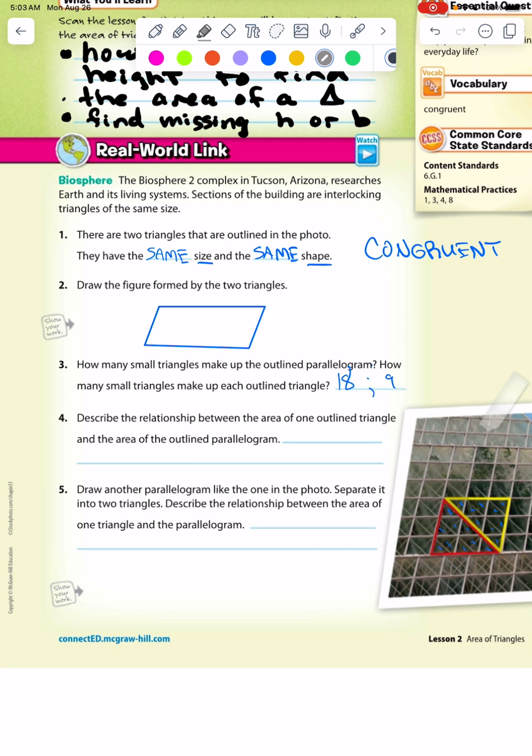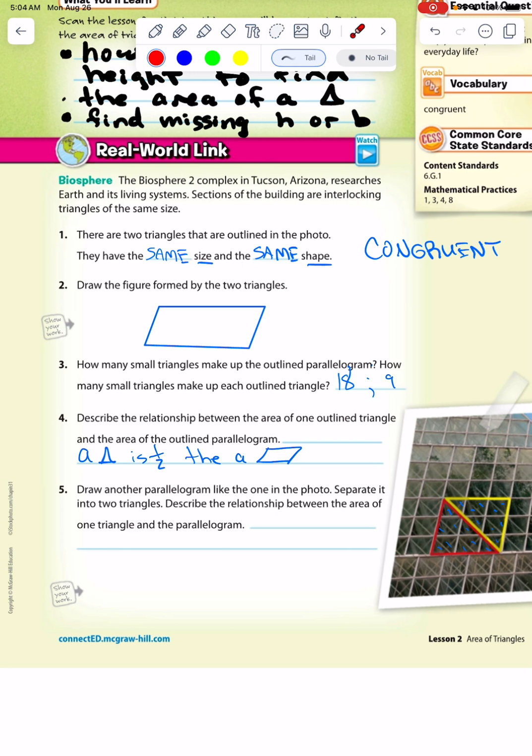So there's 9 triangles in here and 9 triangles in here and 18 in all. So that would mean that the area of the triangle is half the area of the parallelogram.